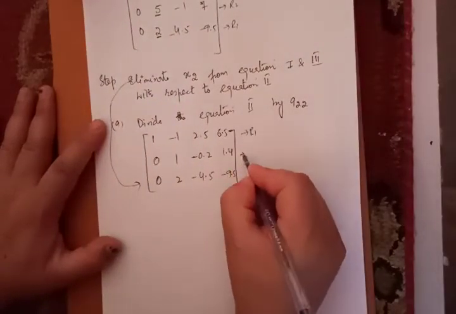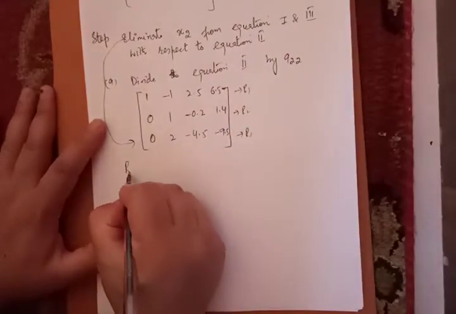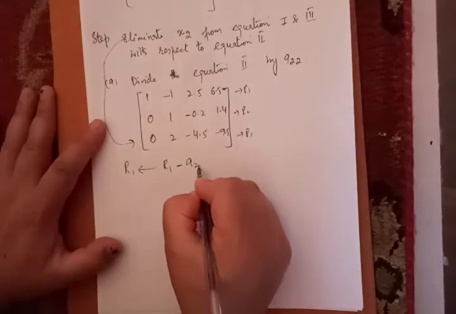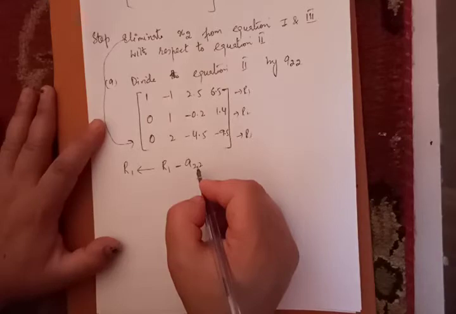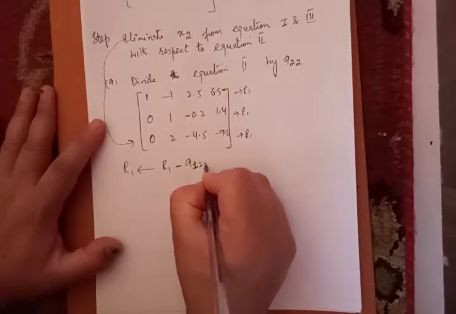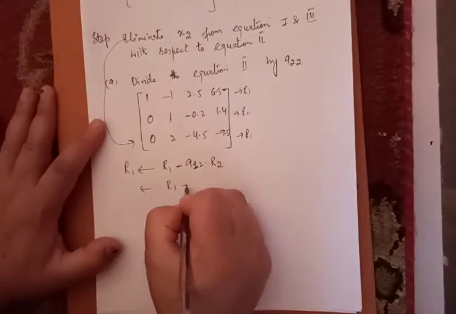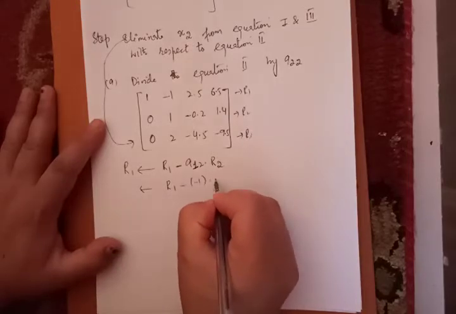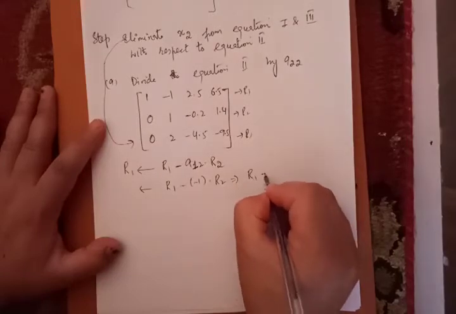So R1, R2, R3. We have to apply the transformation on R1 minus A12 times R2. So this will be R1 minus 1 into R2, which will be R1 plus R2.